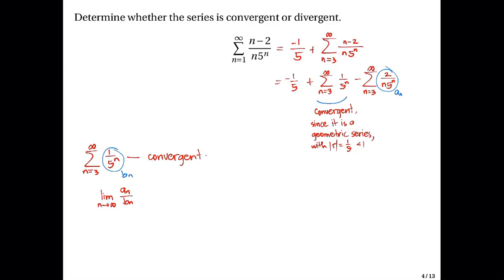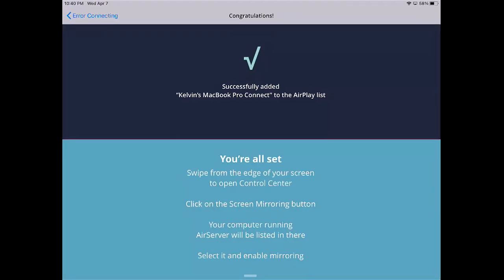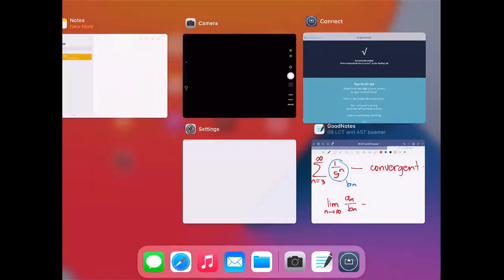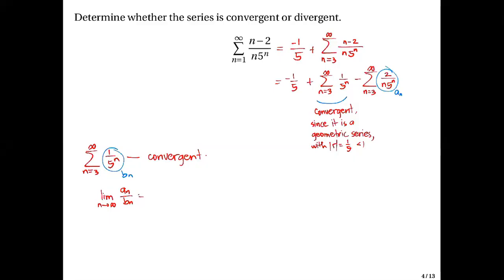So what happens here? Our An is 2 over n times 5 to the n, and our Bn is 1 over 5 to the n.